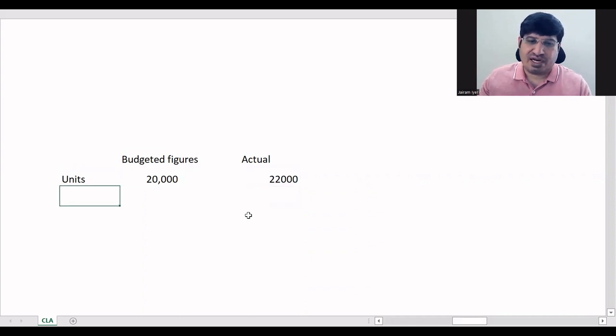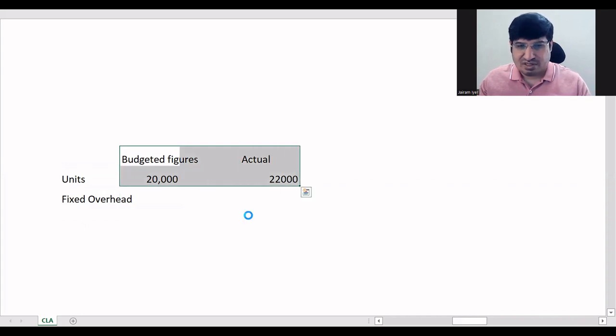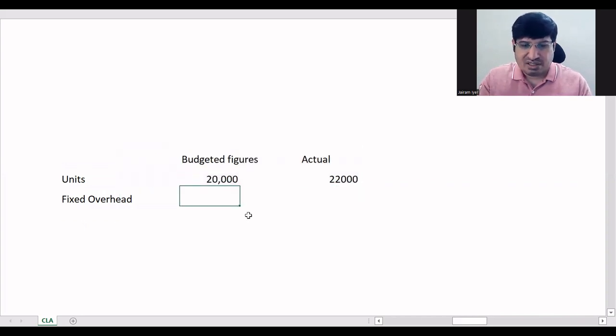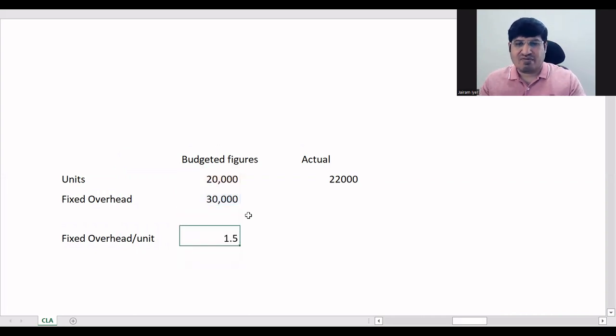And this is fixed overhead in rupees. Fixed overhead in rupees is how much? This is 30,000. So now fixed overhead per unit, how much is it? It will be 30,000 upon 20,000. 1.5 will be the fixed overhead per unit.